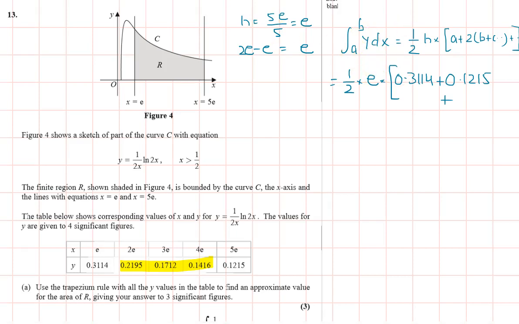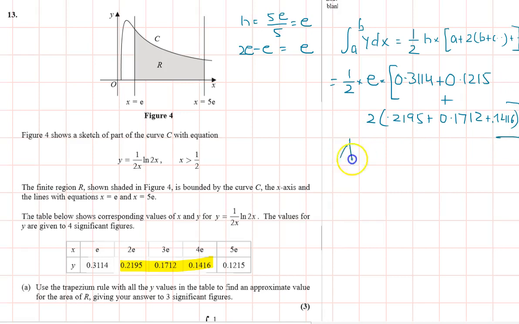So we can write it as 2 multiply 0.2195 plus 0.1712 plus 0.1416 and complete the bracket.